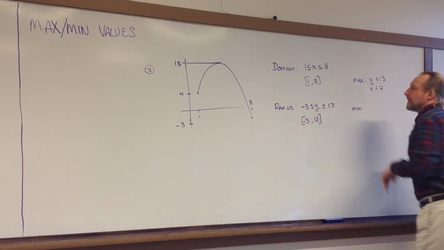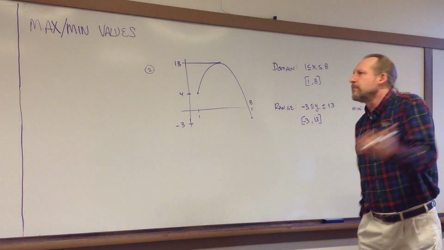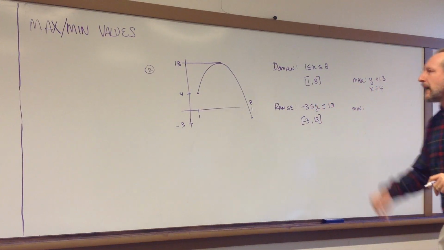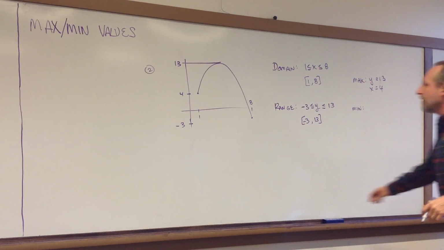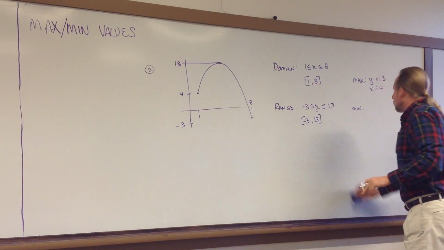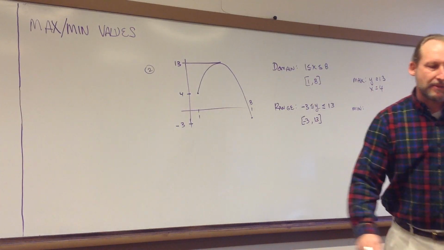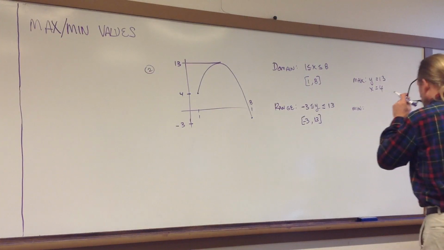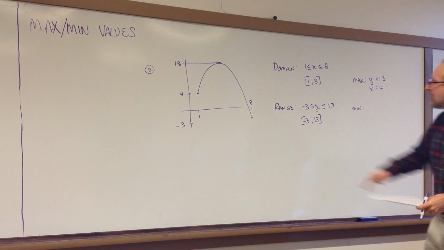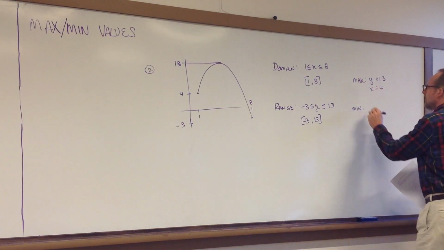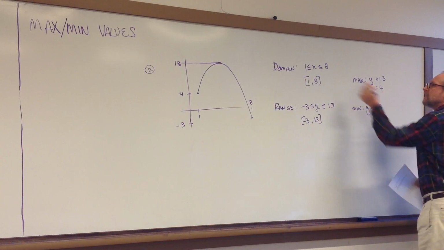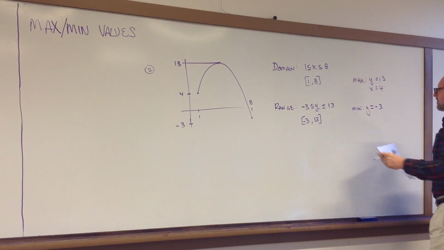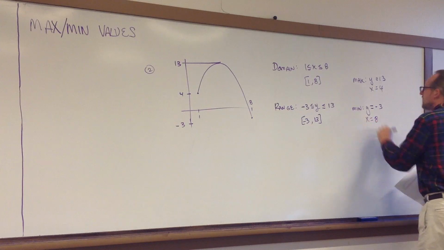When we get into things that have actual formulas, we'll be able to be more exact with these answers. With some of these where we're just pulling this off a graph, there is some estimation that comes into this, and I try to be understanding when I'm grading in that sense. The minimum y value is down here, y equals -3, and that happens where x equals 8.